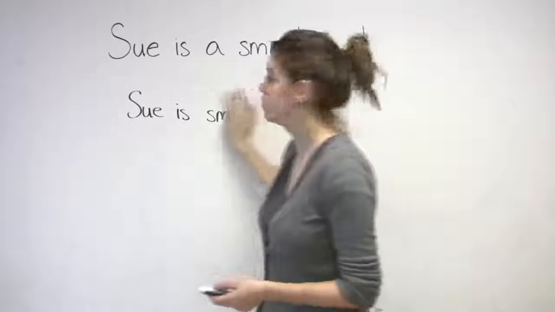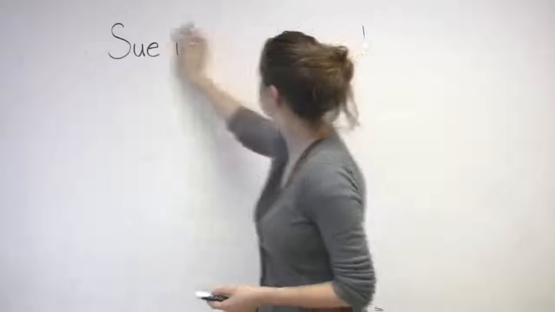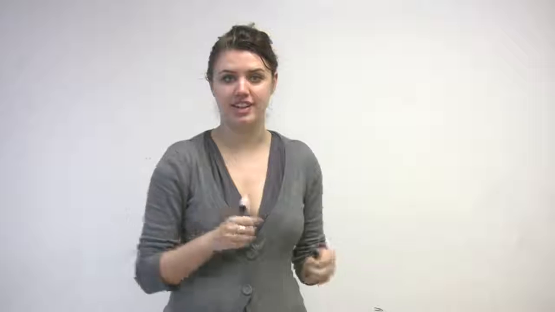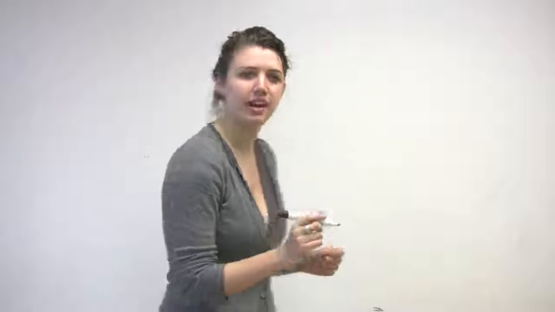So the exception to this rule is if we have a one-syllable adjective that is a consonant, a vowel, and a consonant. So let's just go over some of the examples that I already mentioned.